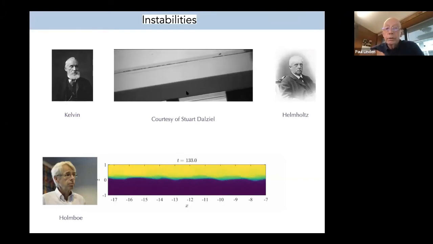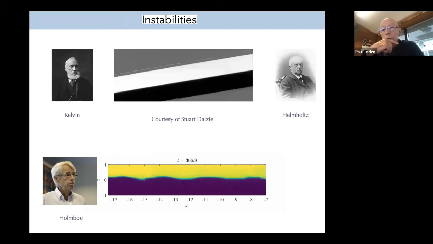So you can see the tilt. If you just concentrate on the upper panel for the moment, you see the tilt, the flow accelerates and generates this beautiful set of billows, so-called Kelvin-Helmholtz billows. And you see that again repeated.